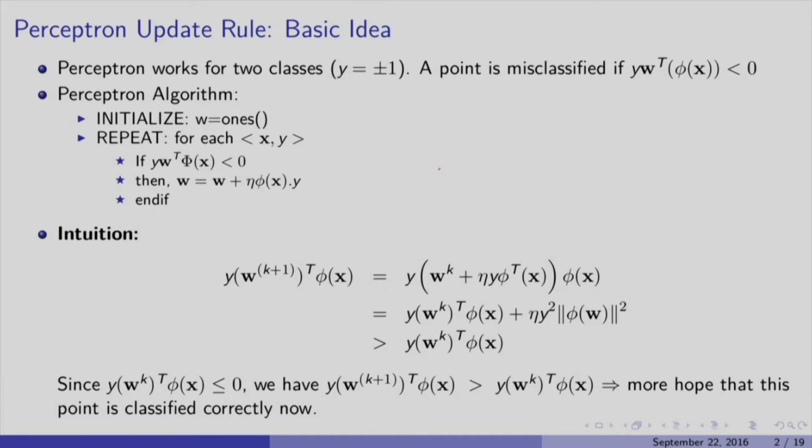The basic idea for a two class problem was to look at the unsigned distance of a point from the separating surface. This was the unsigned distance y w transpose phi x, and if you find that the unsigned distance is negative, then something is wrong.